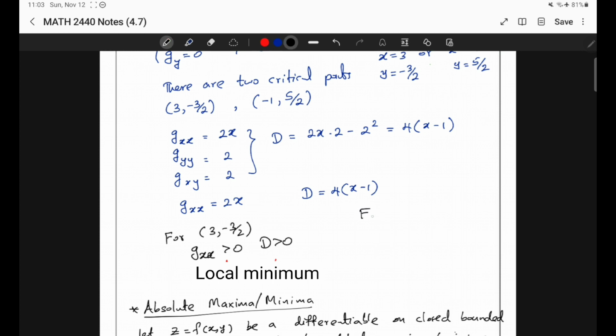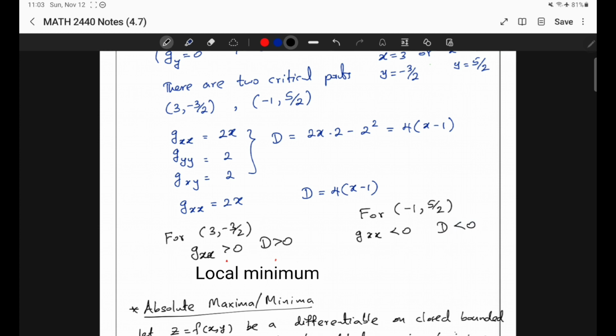For the other point, the second point, negative 1 comma 5 halves, gxx is a negative number. So the discriminant is, plug in negative 1, again you get negative.